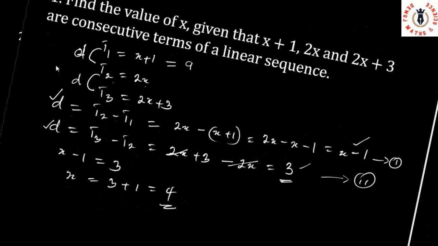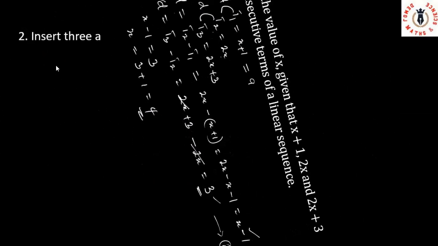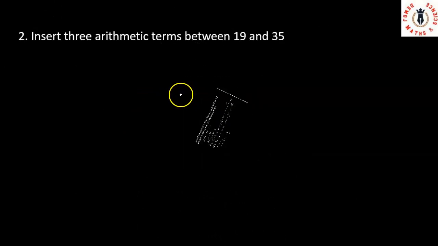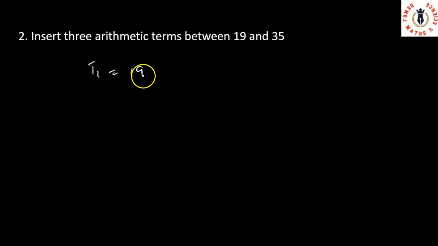Now for our second question, we're asked to insert arithmetic terms between 19 and 35. Let's understand that our first term t1 is equal to 19, and we have to insert 3 terms. That means we'll be inserting t2, t3, and t4. That means t5 will be the same thing as 35. If t1 is equal to 19, that is a is equal to 19.